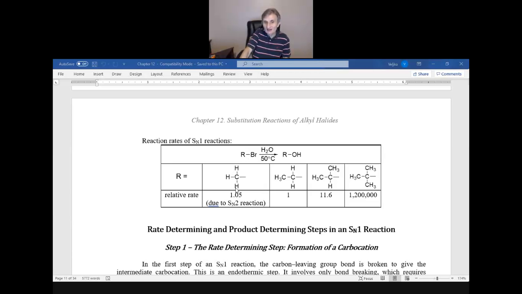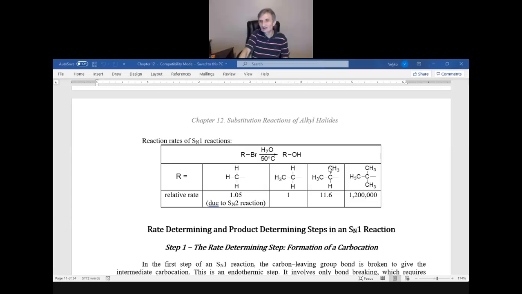Rate is very slow, and it's 1.05 relative rate due to SN2 reaction. Primary also in general are considered not to react under these SN1 conditions, but the rate would be 1. Then we set that as 1, and express the others relative to primary. Secondary reacts at a rate of 11.6, so approximately 12 times faster.